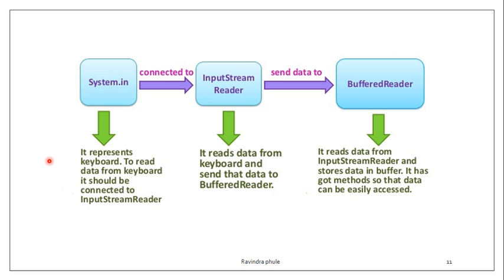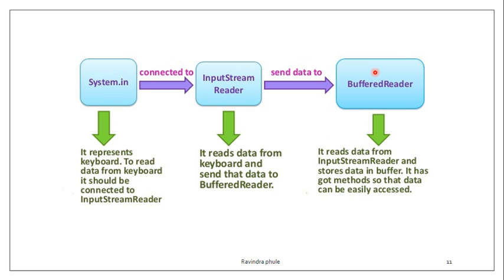To read data from the keyboard, it should be connected to the InputStreamReader. I have connected it to the InputStreamReader. Now it reads the data from the keyboard and sends that data to BufferedReader. We know that because of the performance issue, I cannot directly send the InputStream object data to the destination, so I have used BufferedReader to improve my performance.